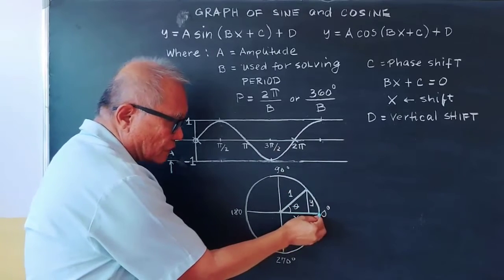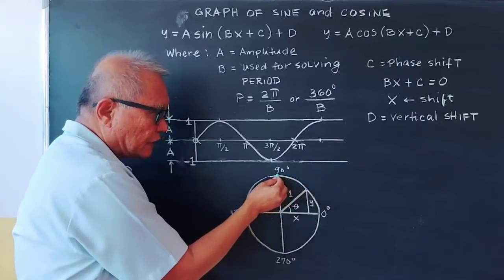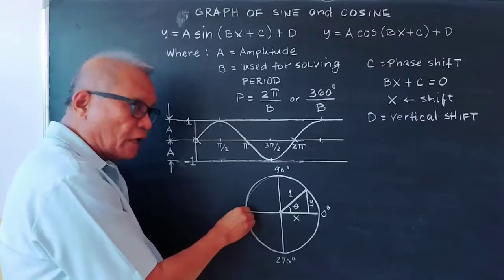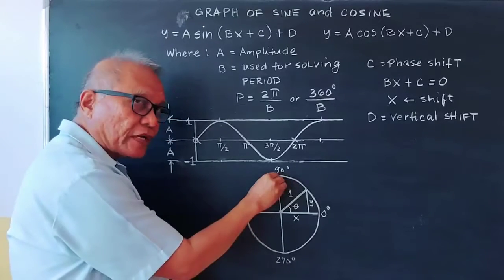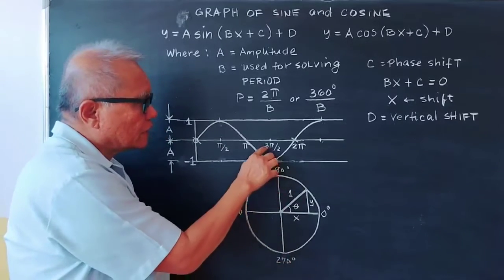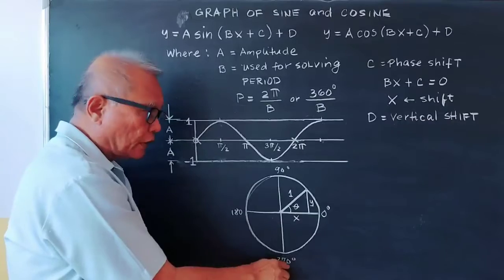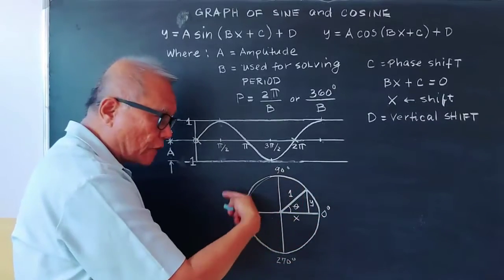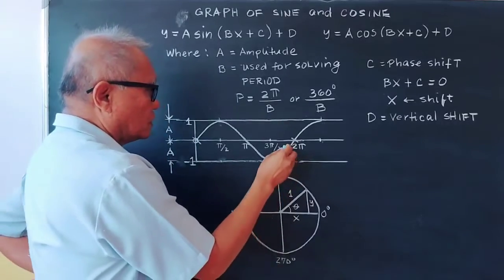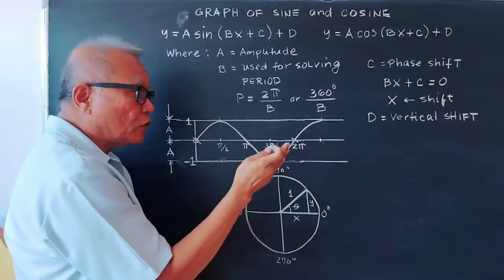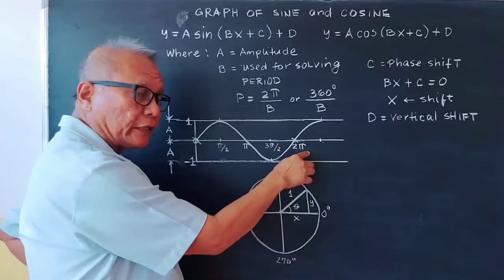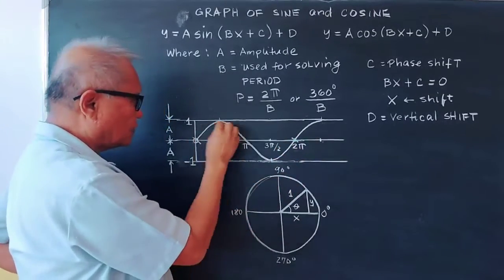From here is 0, so we have 90, so we have here 180, half is pi, so this one is pi over 2. And 270 degrees is 3 pi over 2. And that one is 2 pi again, one complete revolution. So that is for the basic. Sine and cosine, the period is 2 pi. Okay.